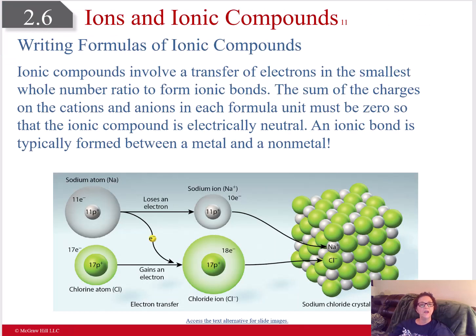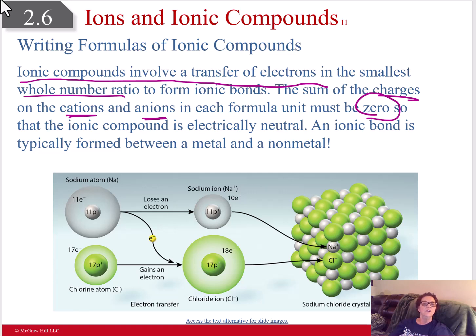As we said before, ionic compounds are formed when we transfer electrons in small whole number ratios. The sum of the charges of the pluses and the minuses must equal 0 so that it will be electrically neutral.